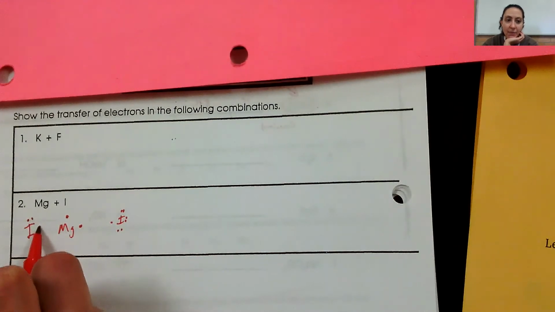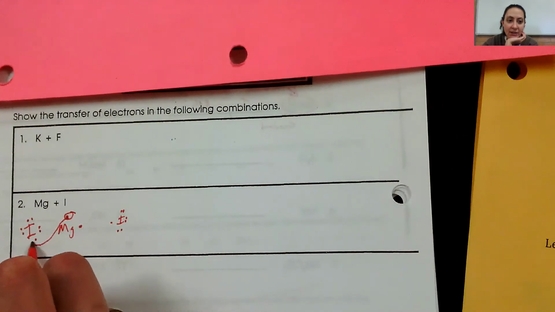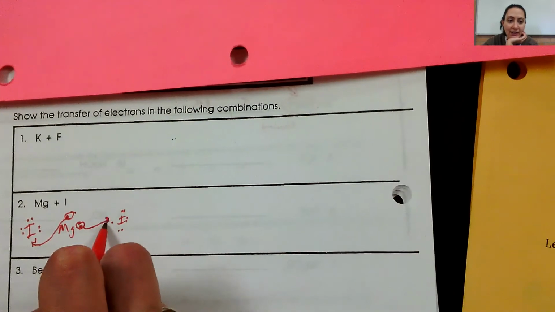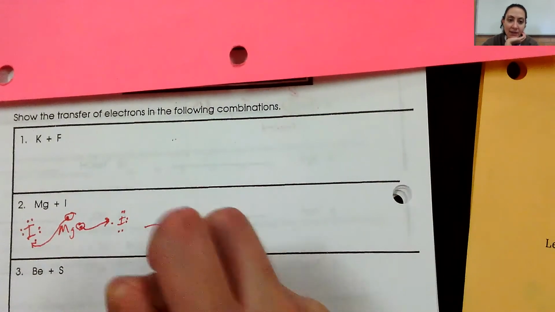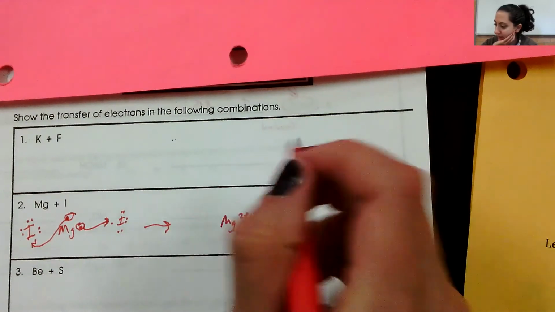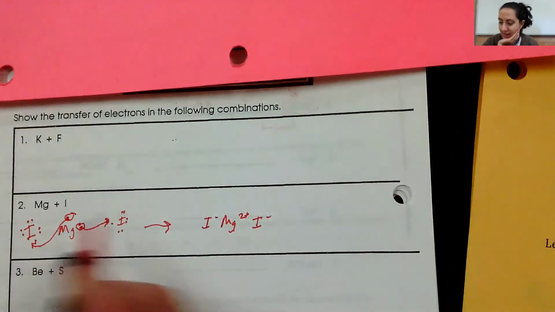What's actually going to happen here is that magnesium is going to donate this electron to this iodine and this electron to the other iodine. And what will happen is you're going to end up with magnesium that is a 2+ charge. And each iodine is going to have a -1 charge because they gained electrons.